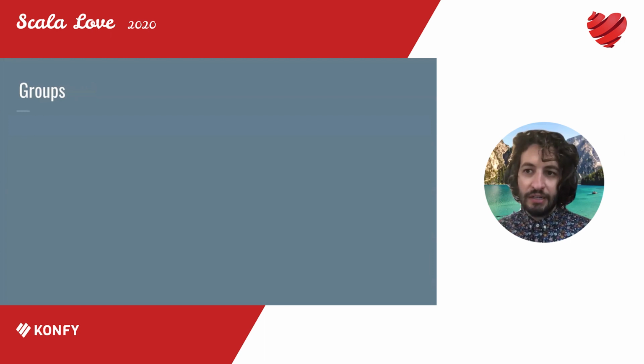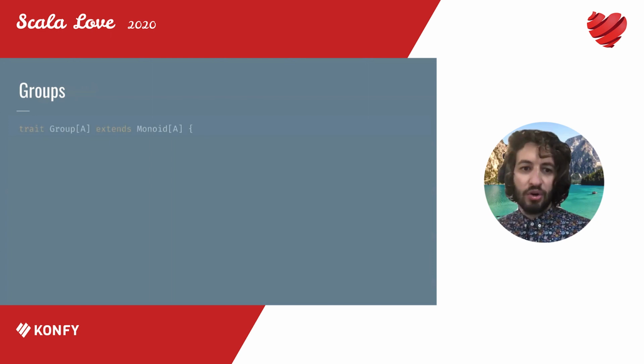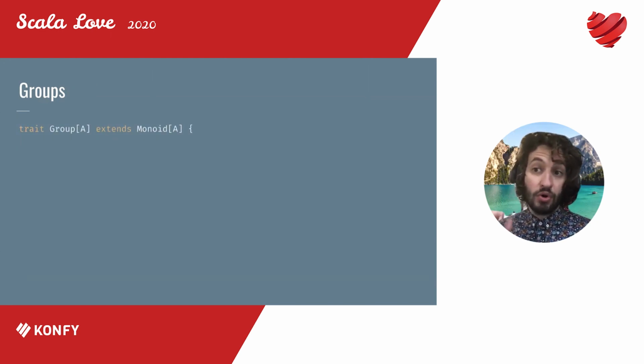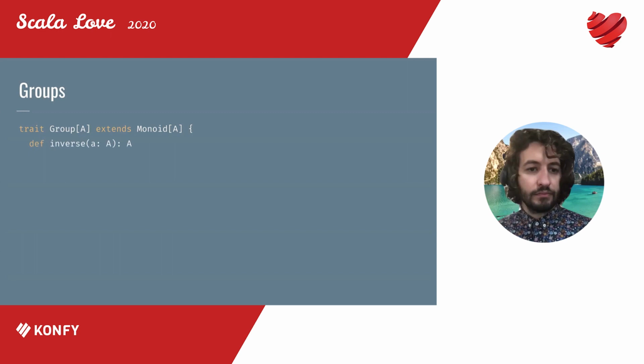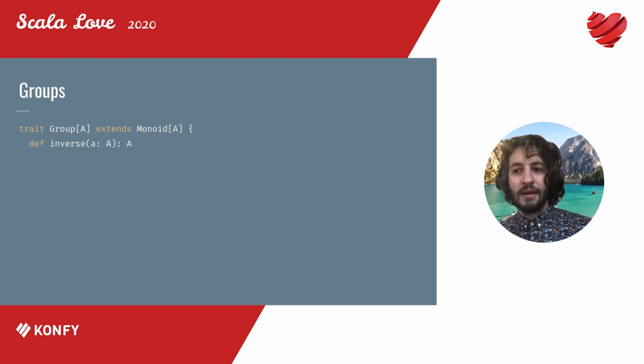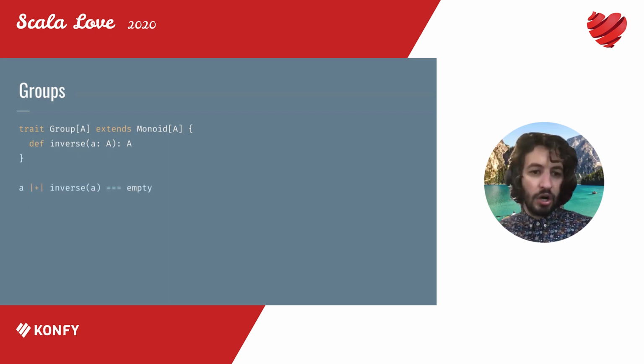So first thing is this thing called groups. And groups in Scala terms extend monoids. So every group is also a monoid. And the basic thing is that in addition to all of the monoid laws and the monoid operations, we have this inverse function, which takes in A and basically inverts it and returns another A. So the one law that is defined extra here is the inverse law or invertibility law, where if you combine something with its inverse, that now becomes the identity or empty.